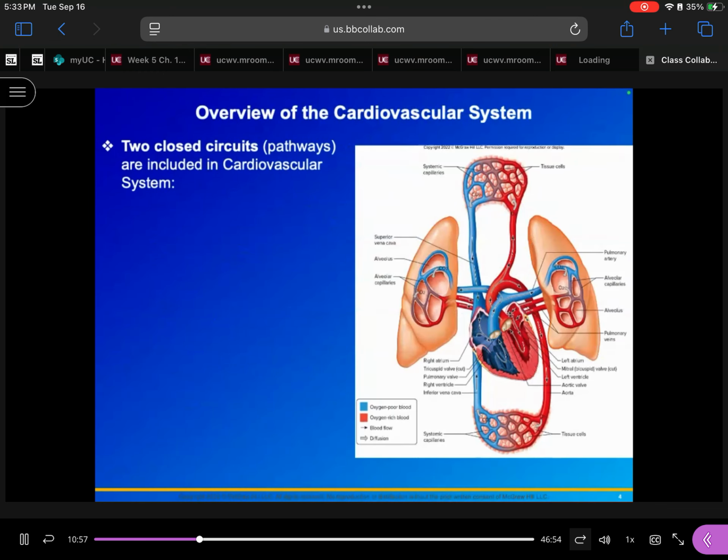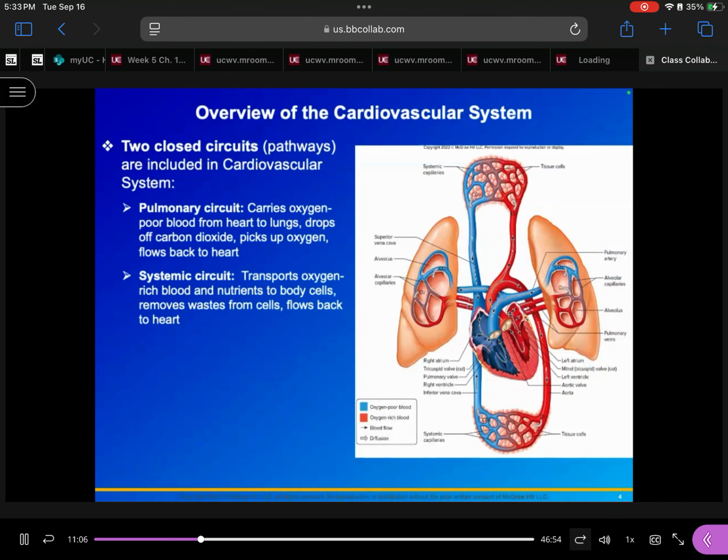All right. As I kind of mentioned before, we have two primary circuits. So we're going to have the systemic circuit, and we are going to have the pulmonary circuit. So the pulmonary circuit is going to be carrying oxygen-poor blood from the heart to the lungs, drop off CO2, pull in oxygen, and then we're going to transport it back through our left atrium into the left ventricle, and that way it can go out to the body to refill our tissues with blood.